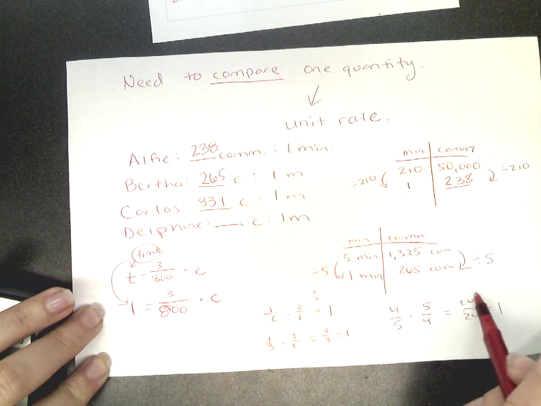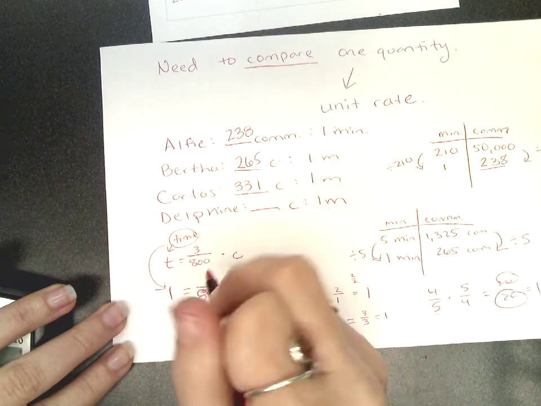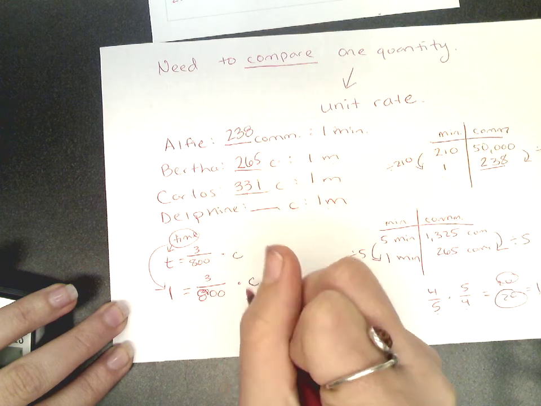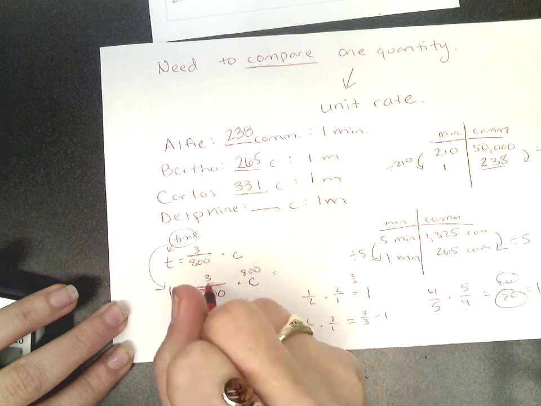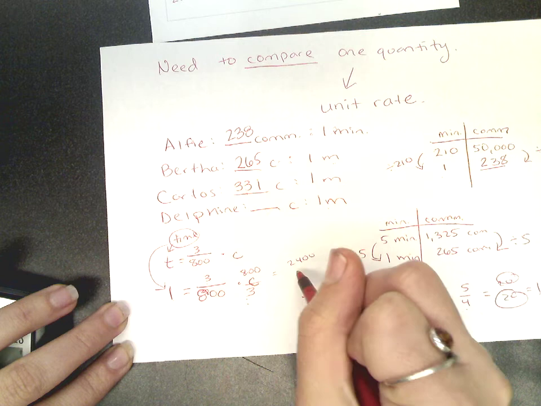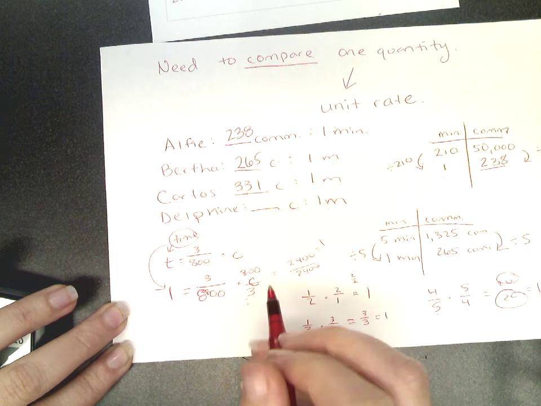So if you flip them, then you end up with the same thing in the numerator and the denominator. So if I want my numerator and my denominator to end up being the same, then I need to multiply by 800, which would be 2,400 over 3. And we'd have, again, 2,400 over 2,400, which would be 1.